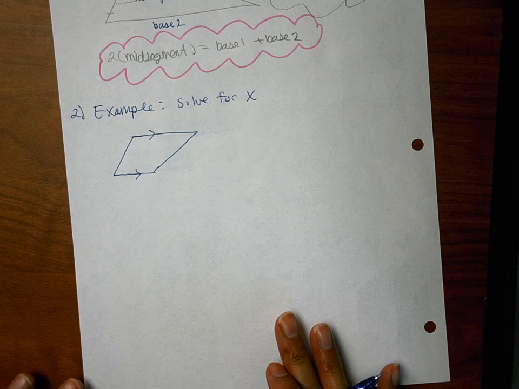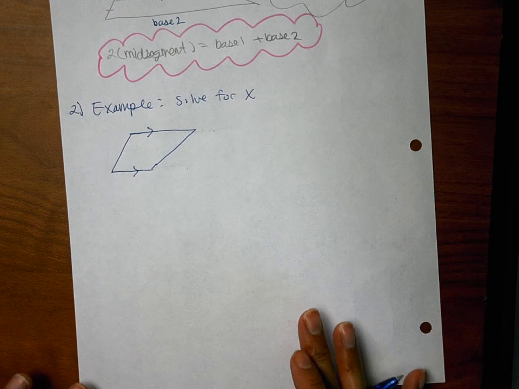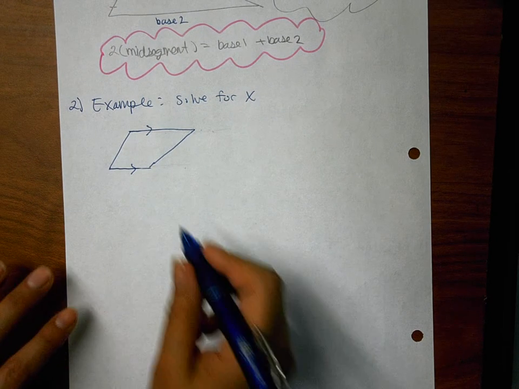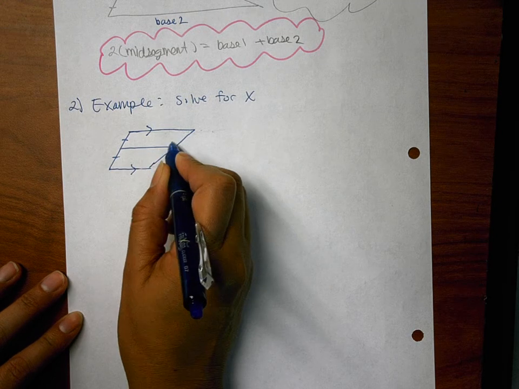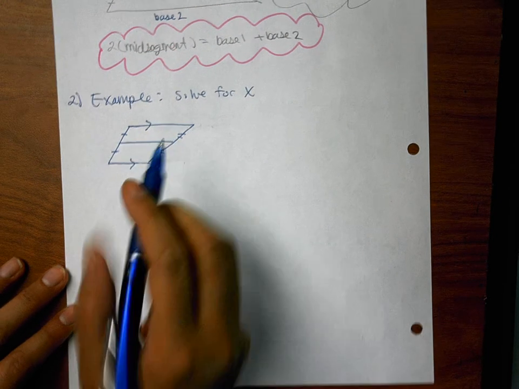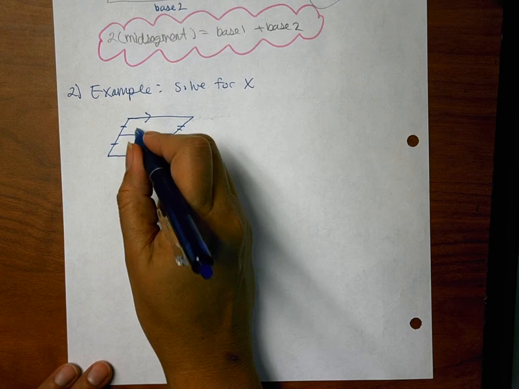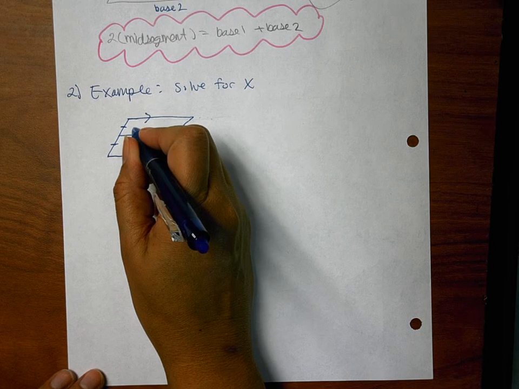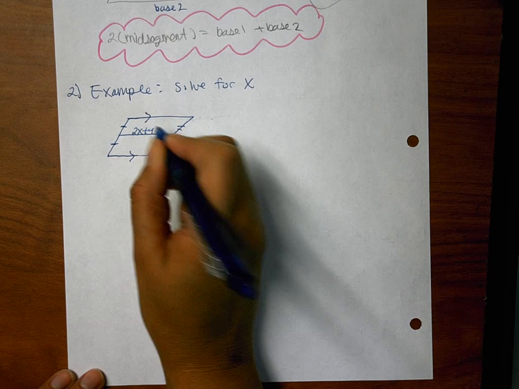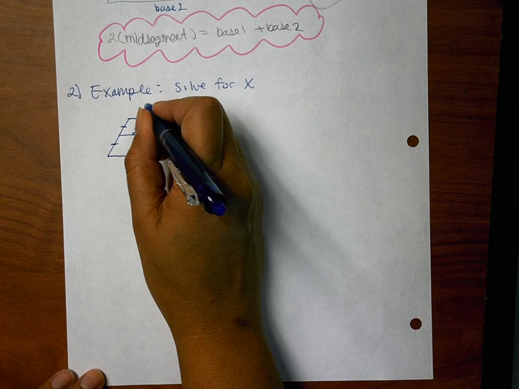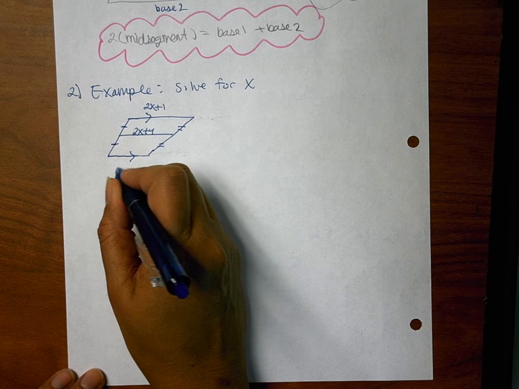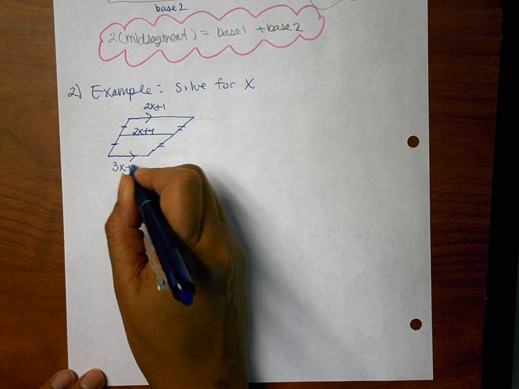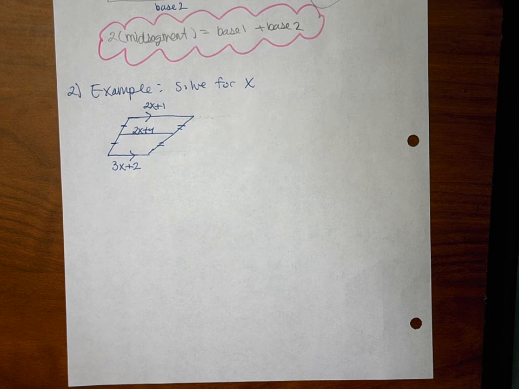Parallel, parallel. One set of opposite parallel sides means it is a trapezoid. I'm going to go across, put markings there, there, as well as on the other side, which means that middle is the mid-segment. And I'm going to label that 2x plus 4 for the mid-segment. The top base is 2x plus 1, and the bottom one is 3x plus 2.